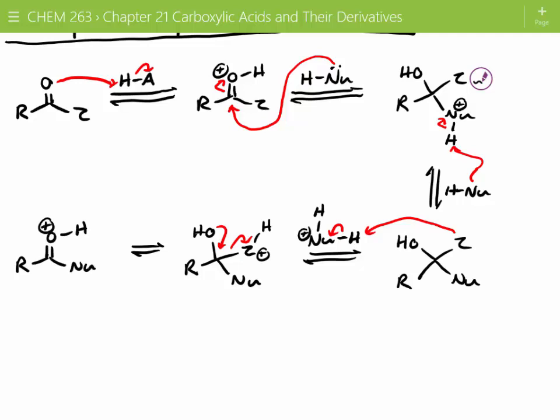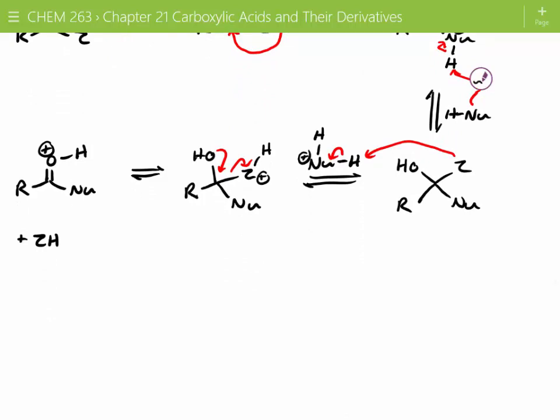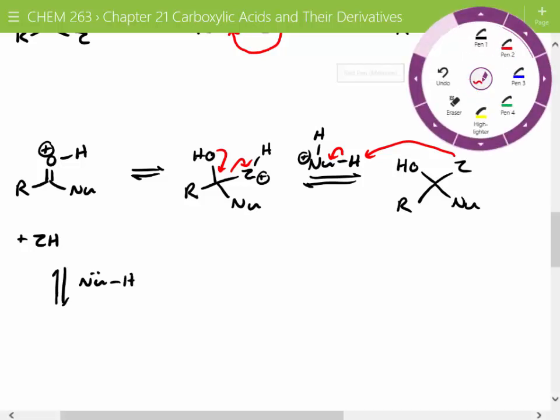Now we have our nucleophile in plus ZH. And then what do you think our last step is going to be? Deprotonation. So again, you could draw your nucleophile, lone pair coming in, deprotonating.